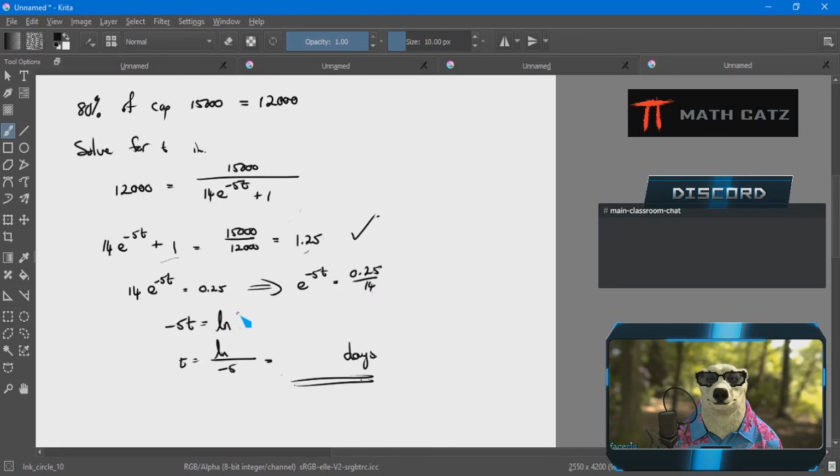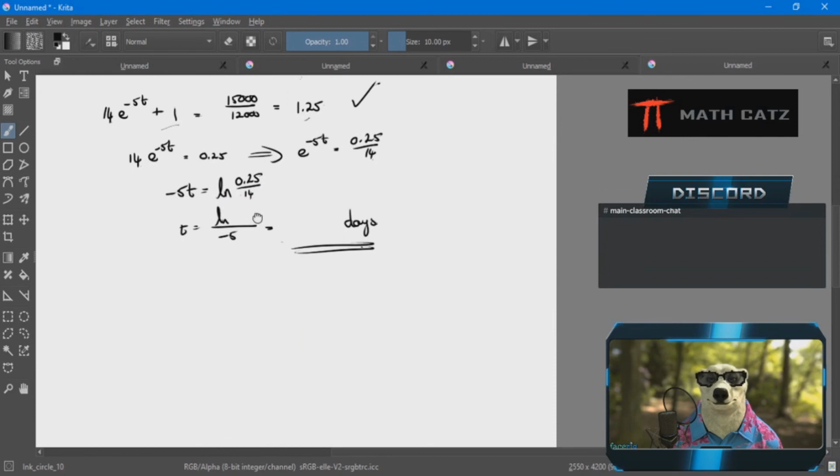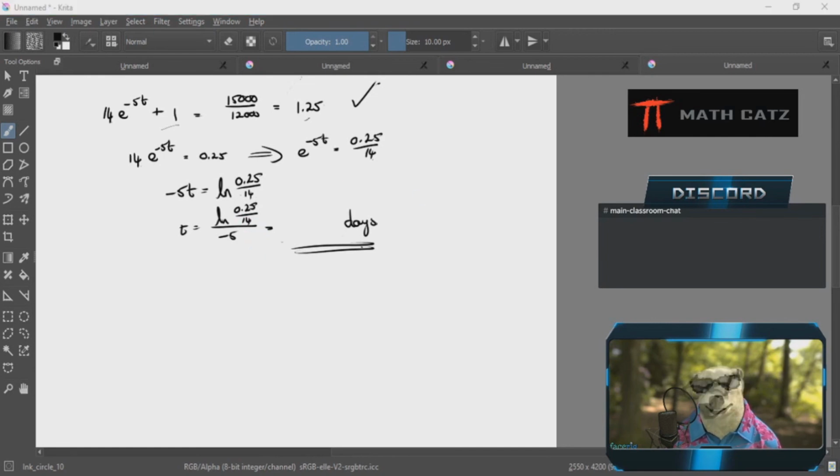So the log version of this is negative 5t equal to the natural log of that 0.25 over 14. And so we want to divide both sides by negative 5. And let's see what we get.